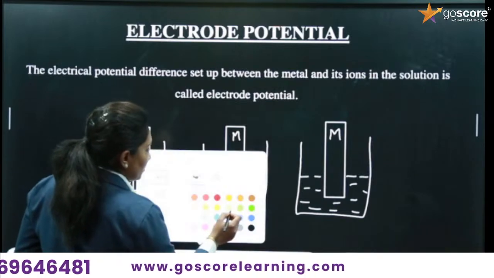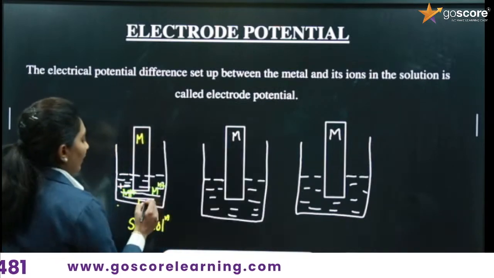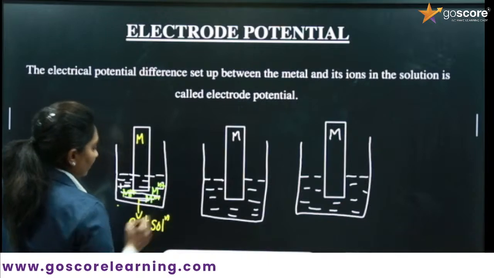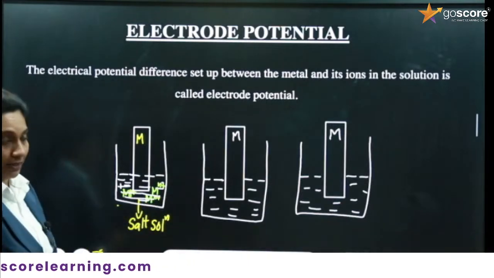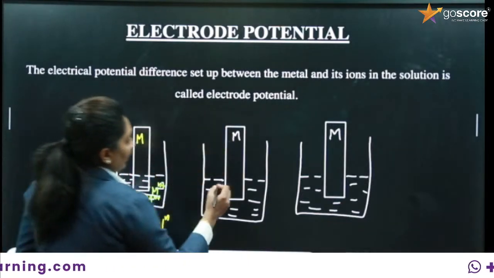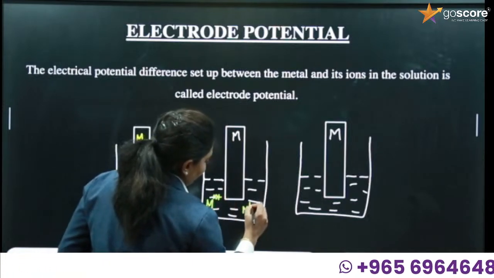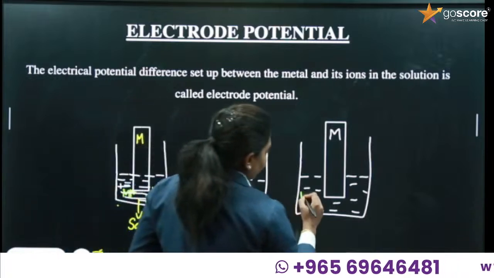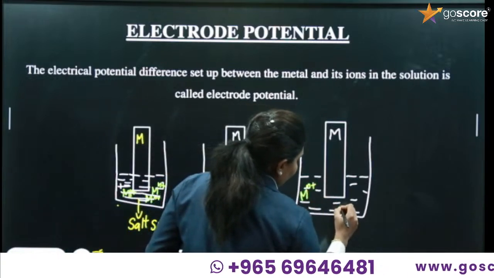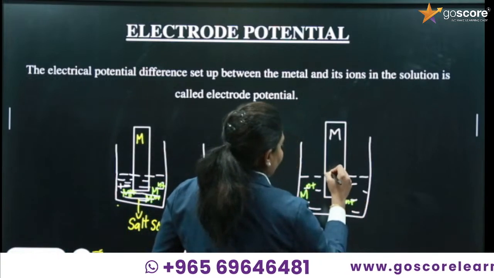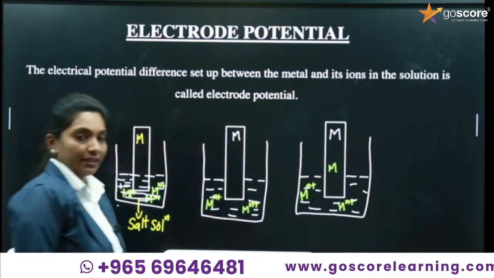In the salt solution there will be metal ions that I am representing with M^n+. This is the metal, right?